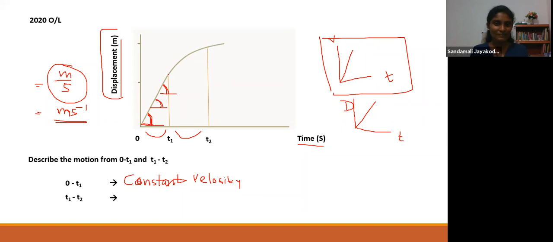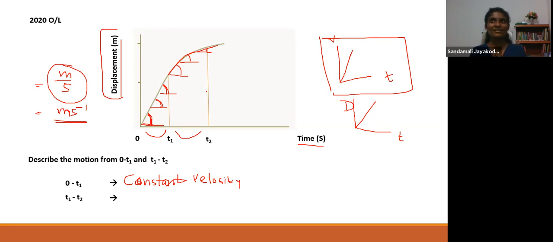So the second one, this shape. Now what is going to happen to this gradient? Is it decreasing or is it increasing? Decreasing. It is decreasing. Good. So velocity is decreasing. Now you can tell what it is.